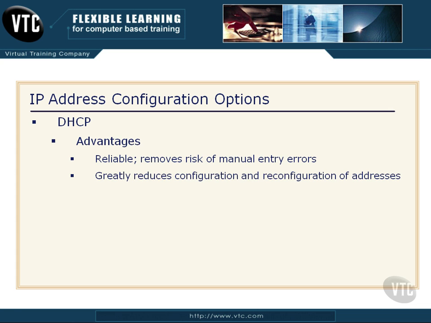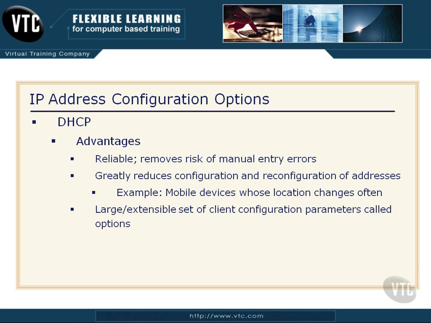DHCP will put them in correctly every time. It greatly reduces configuration and reconfiguration of addresses. So a mobile device whose location changes often gets a new IP address every time it connects on the right subnet on the network.